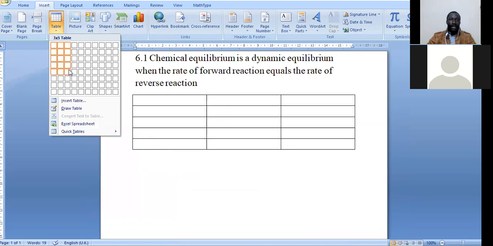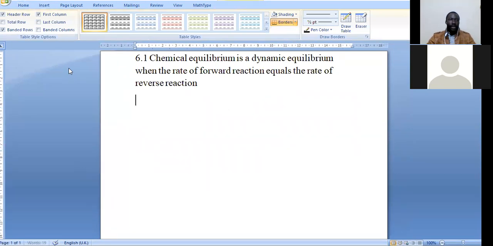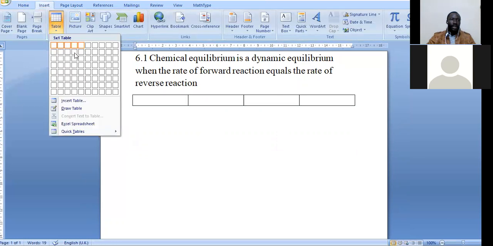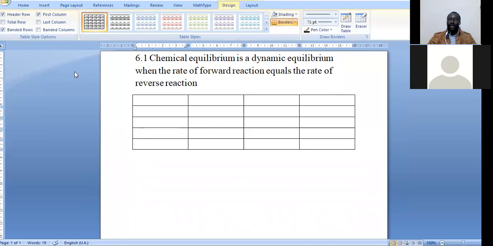Well, how many things do we need in the table? So what are we going to have in our table? We are going to have these 3 things that we have talked about.